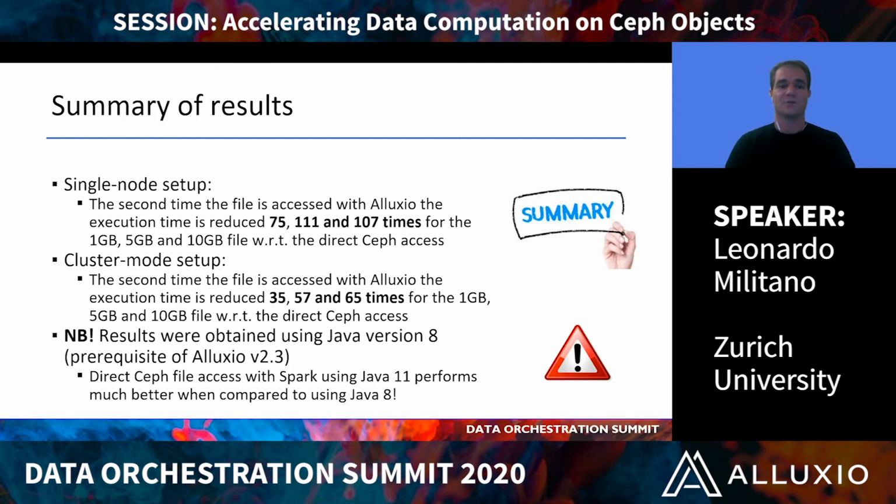In particular, if we observe the absolute values, there was actually no gain anymore in using Alluxio. This made us think, and we found out that Alluxio version 2.4 was coming out. We were able to test it even before it was released in October of this year. And the very important thing is that Alluxio version 2.4 was supporting Java 11.